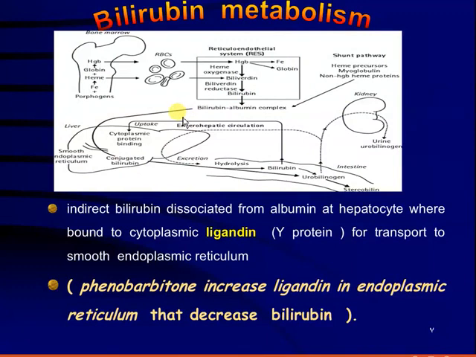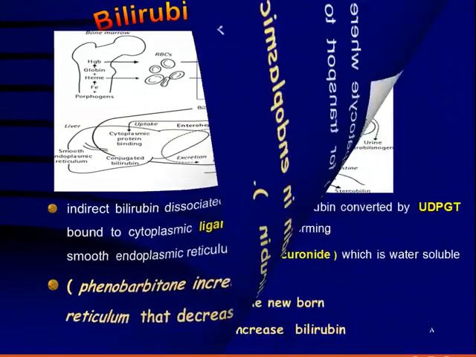This bound bilirubin, which is indirect bilirubin, dissociates from albumin at the hepatocyte, where it is bound to cytoplasmic ligandin or Y protein for transport to the smooth endoplasmic reticulum.